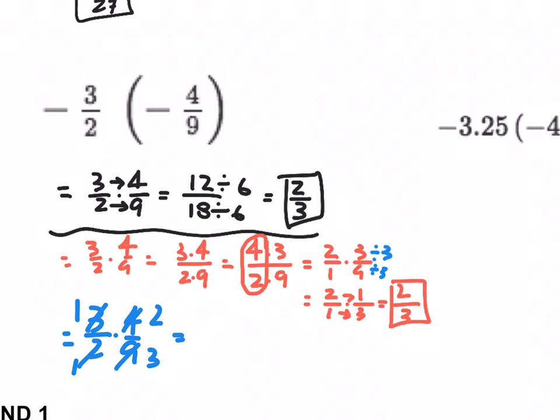So as a result, I get 1 over 1 times 2 over 3, which just gives me 2/3. You do enough of these where you don't really need to write out all these steps. This top method is probably one of the easier ways of doing it, but I wanted to show you these other methods just in case you understand how to do these. If you don't understand how to do them, you'll practice, and eventually, it'll become easy.